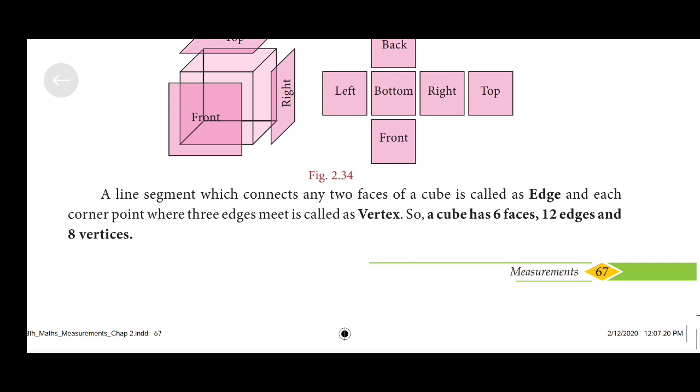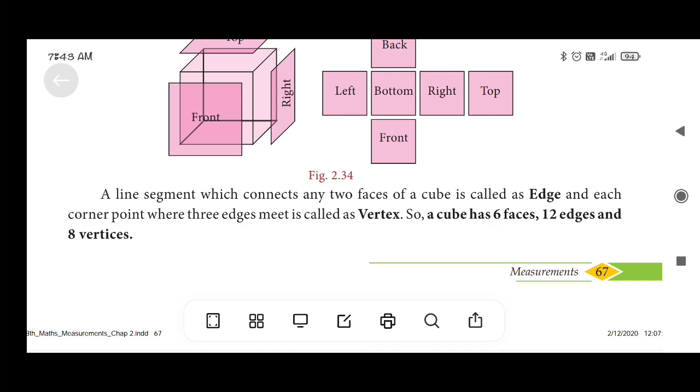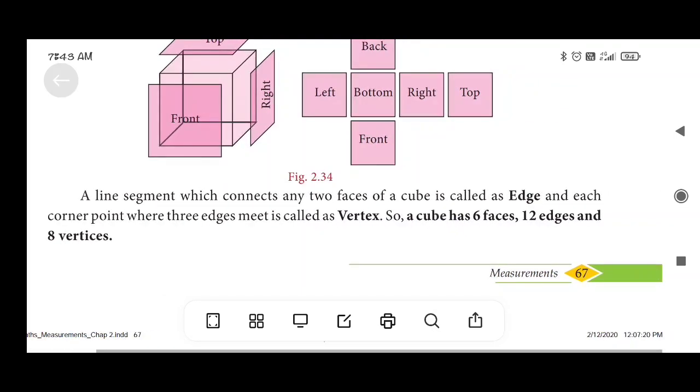It should be a face. And each corner point where three edges meet is called a vertex. So here you can see the meeting point of three edges is called a vertex. So a cube has 6 faces, 12 edges and 8 vertices. Understand?